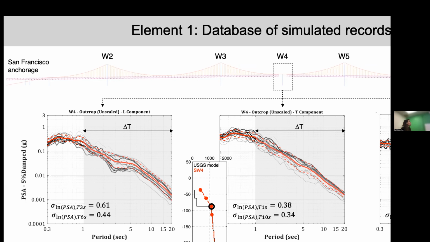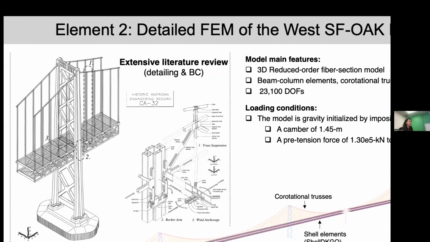So then, talking about the structure itself, we're moving from element number 1, construction of a database of simulated records and validation of that database, to core element number 2. My student developed a detailed finite element model of the West San Francisco-Oakland Bay Bridge in OpenSees, and this was supported by an extensive literature review we did to come up with the details about the boundary conditions and all the detailing about the connections between the different components.